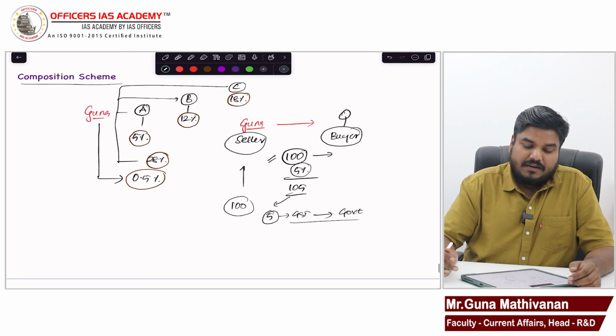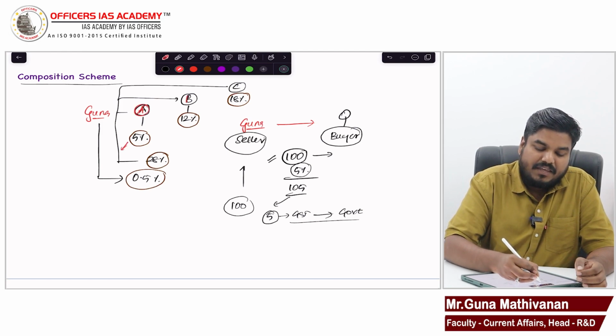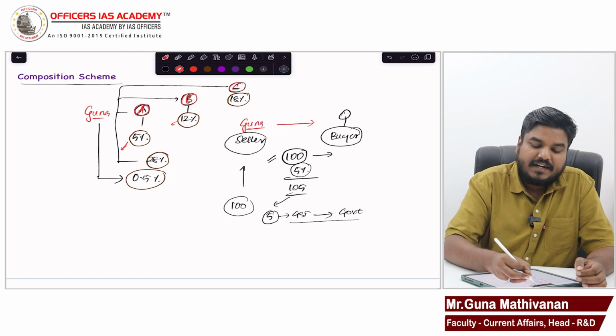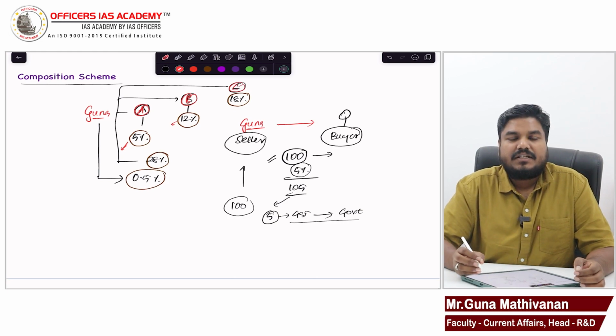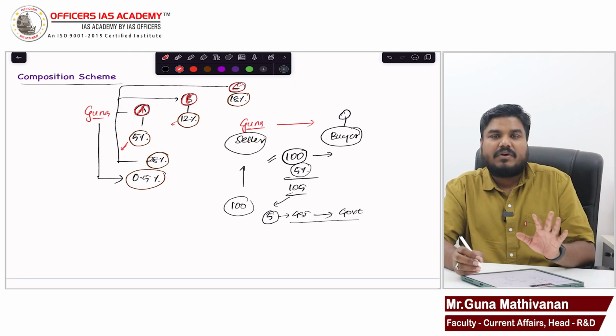Right? So here Guna is coming up with different products. A category item is 5%, B category item is 12%, C category item is 18%. When he is selling these products, he has to raise a proper invoice.